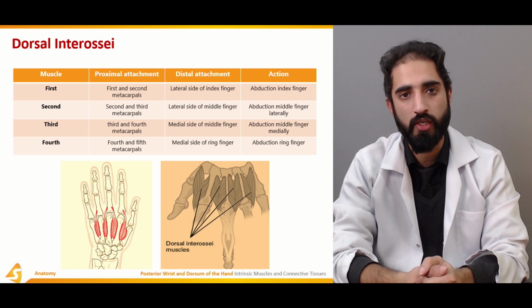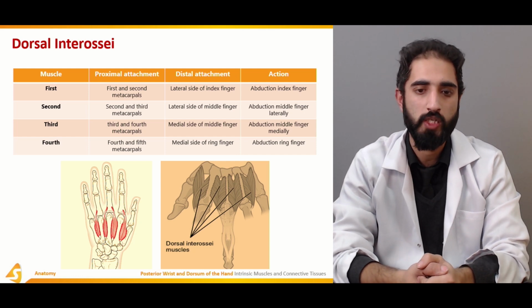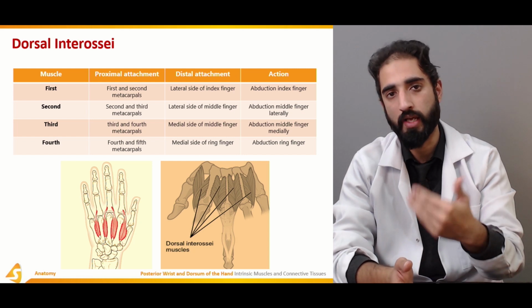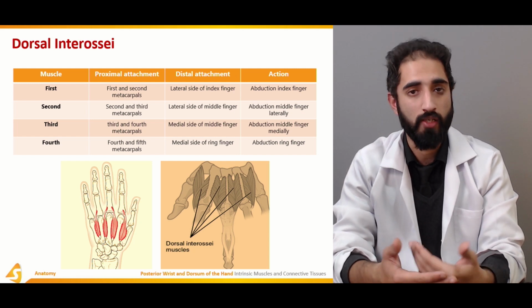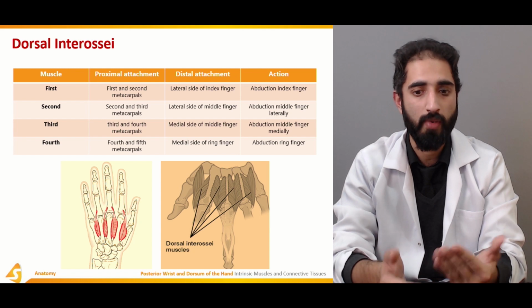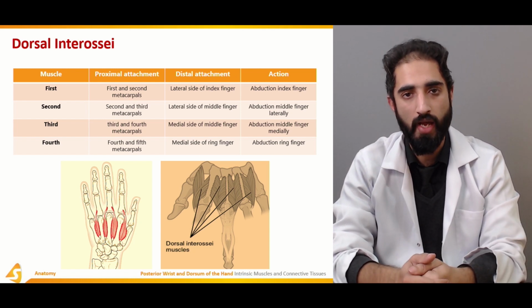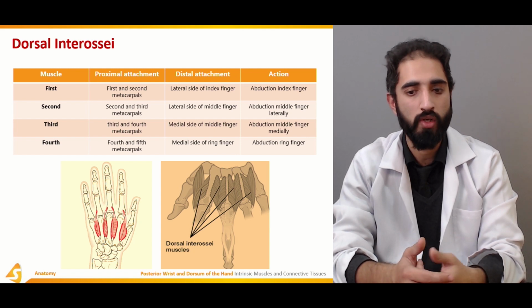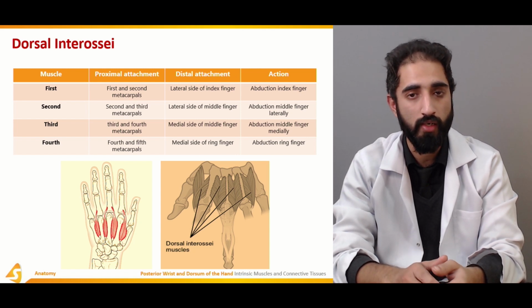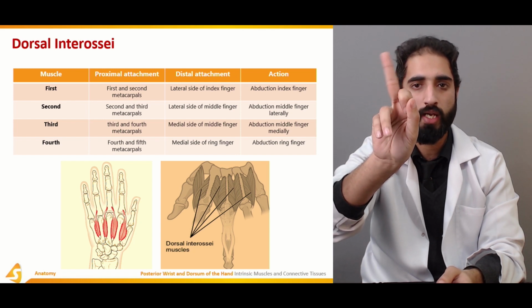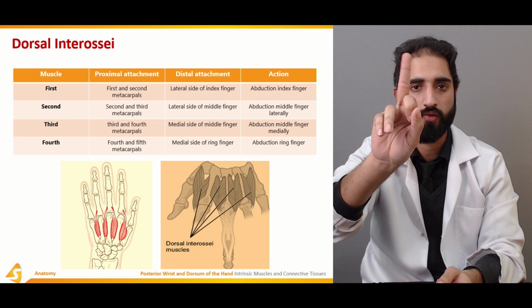The third dorsal interosseous has its proximal attachment site at the third and fourth metacarpals, and once again, as already mentioned, it has its attachment on the middle finger, but this time on the medial side of the middle finger, which is towards the ulnar aspect, and the action is once again abduction of the middle finger but medially. So if I talk about the middle finger, this is the medial abduction and this is the lateral abduction.